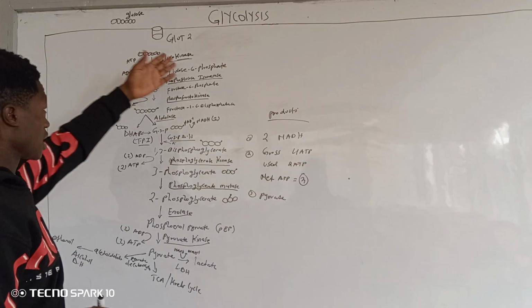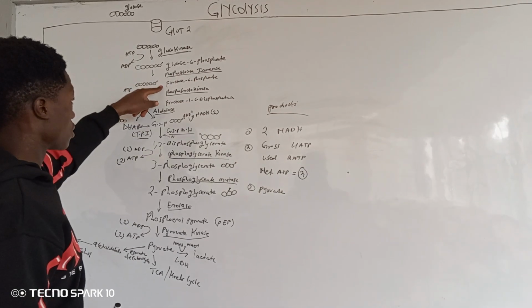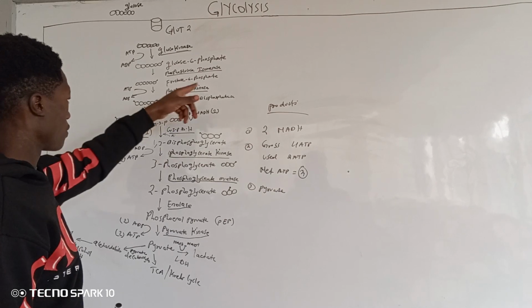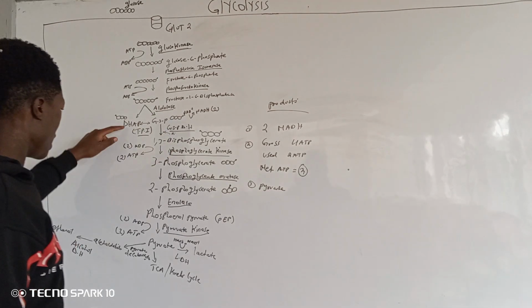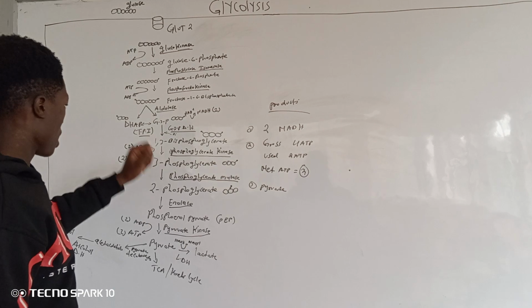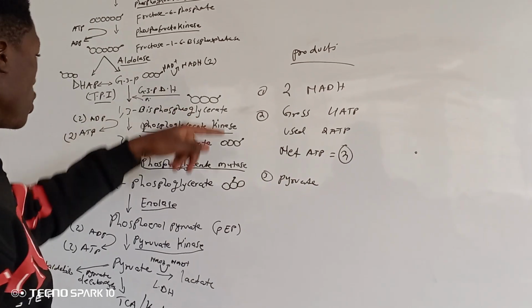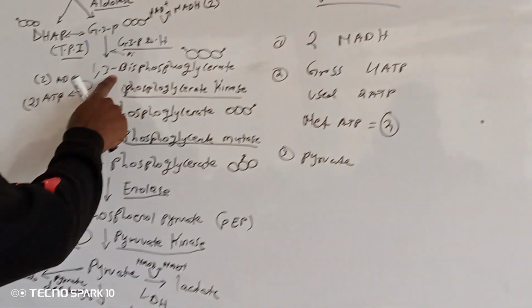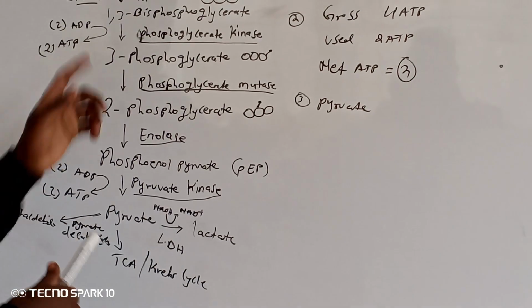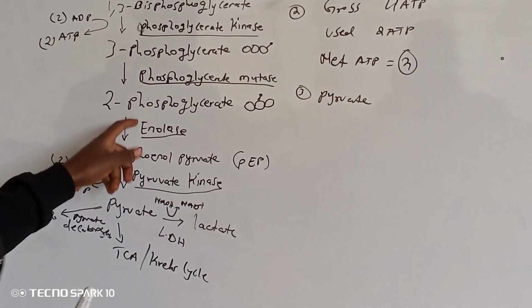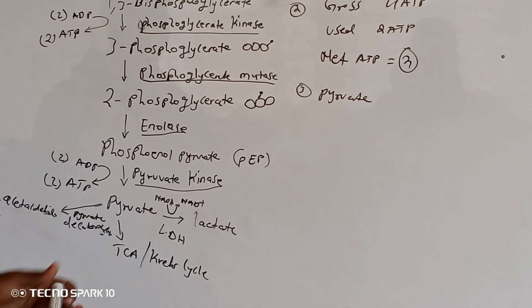You have glucose molecule acted on by glucokinase to form glucose 6-phosphate, acted on by phosphoglucose isomerase to give us fructose 6-phosphate, acted on by phosphofructokinase to give us fructose 1,6-bisphosphate, cleaved by aldolase enzyme to give us dihydroxyacetone phosphate and glyceraldehyde 3-phosphate, which is acted upon by glyceraldehyde 3-phosphate dehydrogenase, which adds a phosphate group to give us 1,3-bisphosphoglycerate, acted upon by phosphoglycerate kinase to give us 3-phosphoglycerate, acted upon by phosphoglycerate mutase to give us 2-phosphoglycerate, acted upon by enolase to give us phosphoenolpyruvate, acted upon by pyruvate kinase to give us pyruvate.